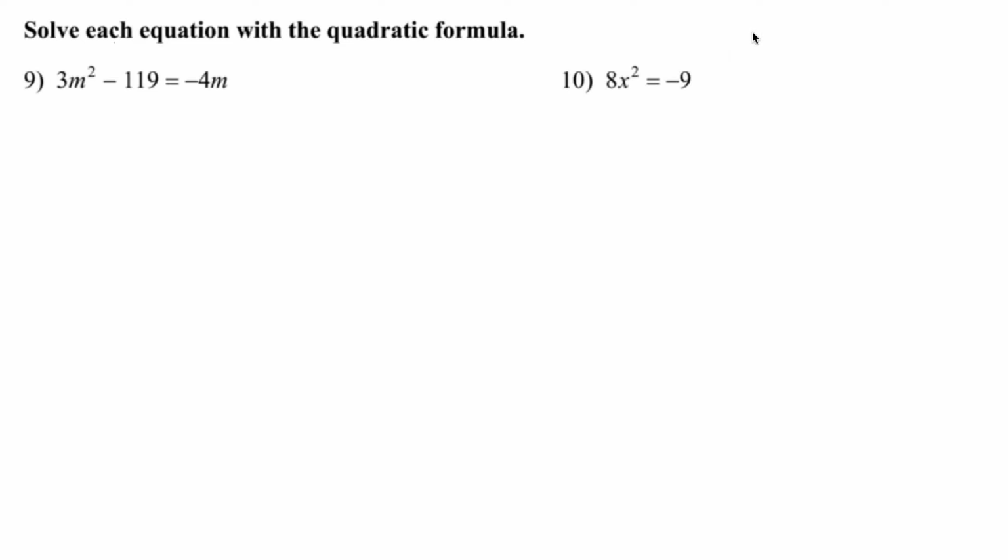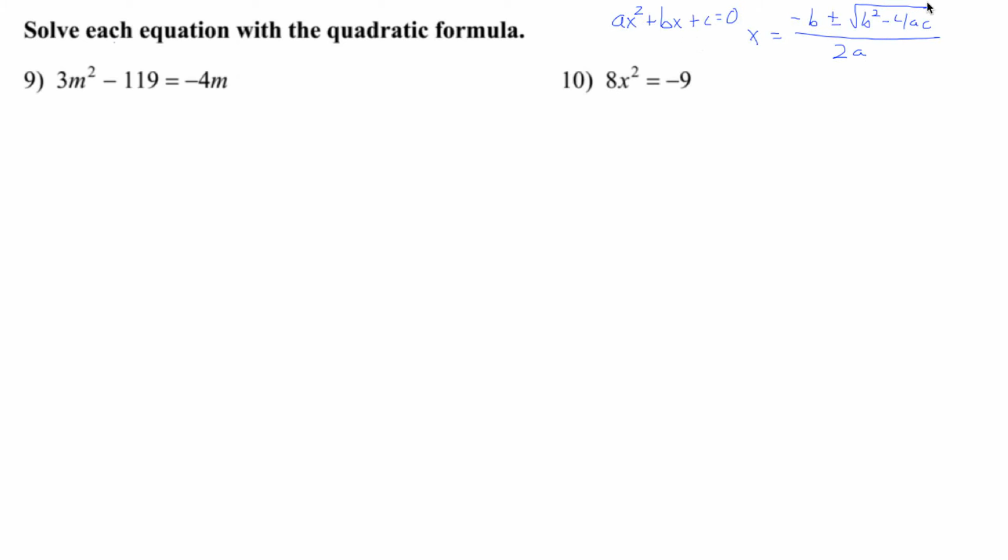The proper way to write it, if we have an equation in the form ax squared plus bx plus c equals 0, the variable x, or over here we'll use m, is equal to negative b plus or minus the square root of b squared minus 4 times a times c, all over 2a. Know that formula.